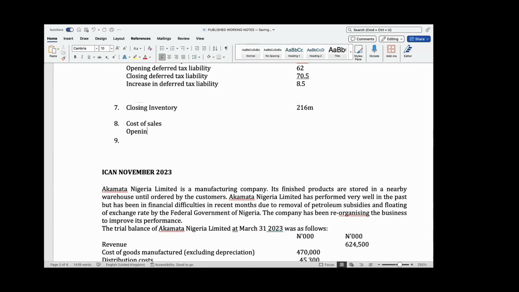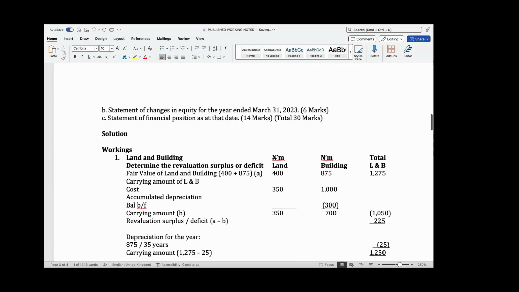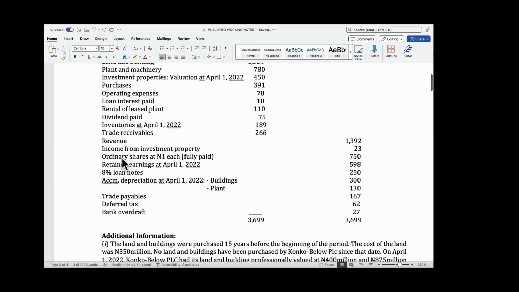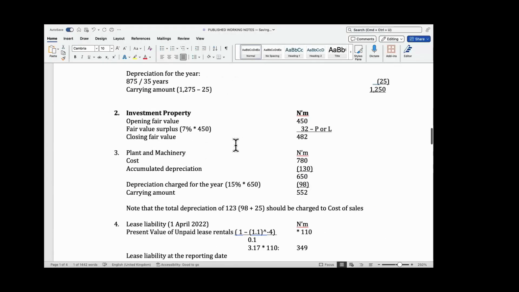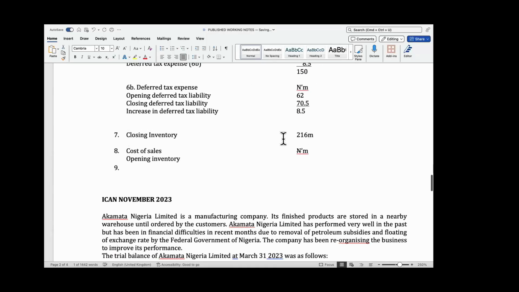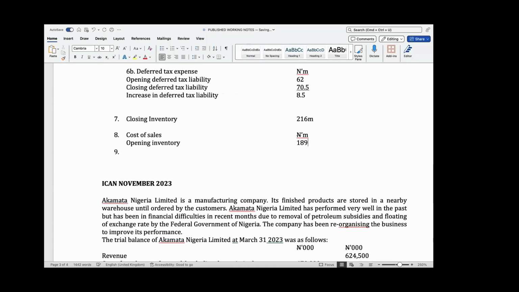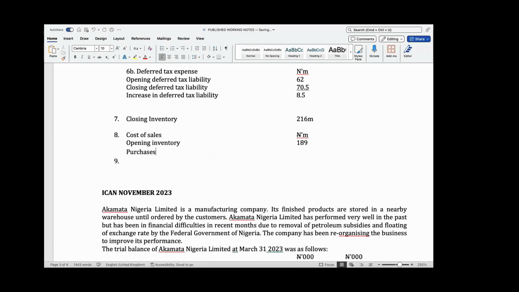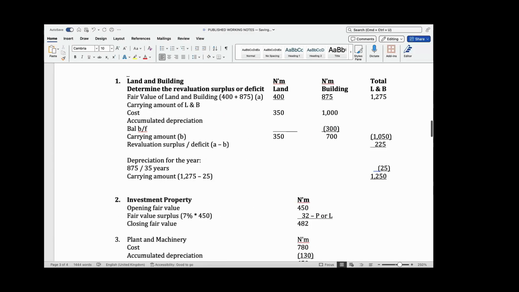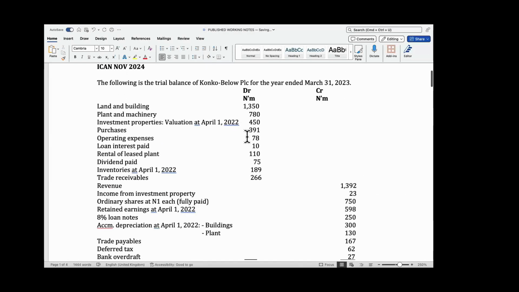So, my opening inventory, what was my opening inventory? 189. I'll add my purchases. How much is my purchases? It's 391.